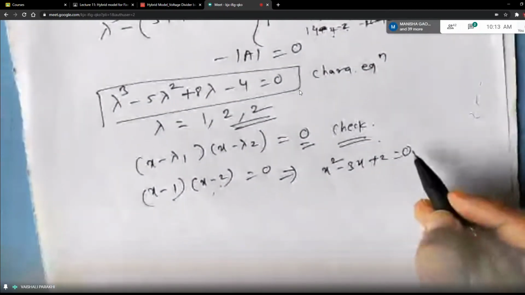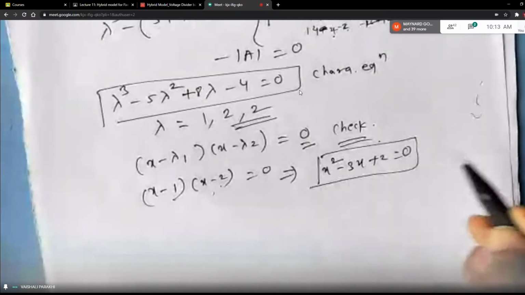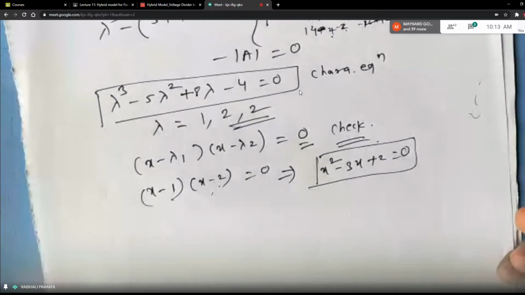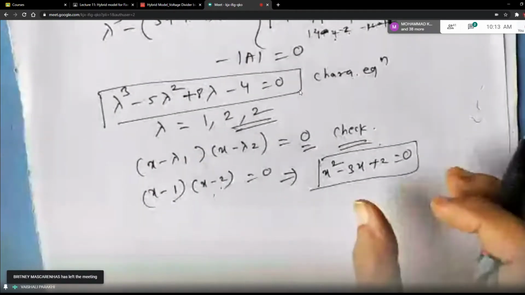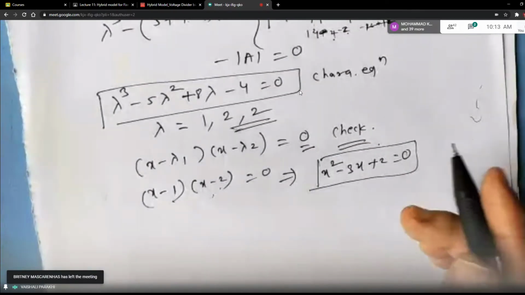So we don't know whether this is a minimal polynomial, because your minimal polynomial will always be in terms of x. It will be the minimal polynomial if this equation is satisfied by your matrix.